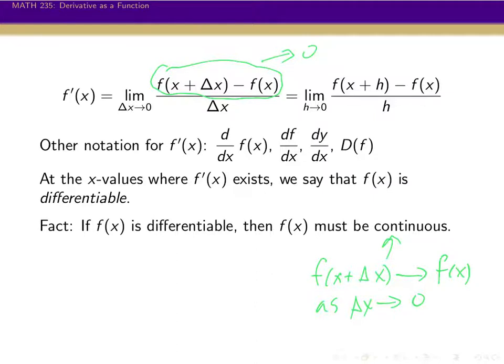So continuity here is absolutely necessary for the limit to exist. If it's differentiable, that means the limit exists, so f of x has to be continuous.